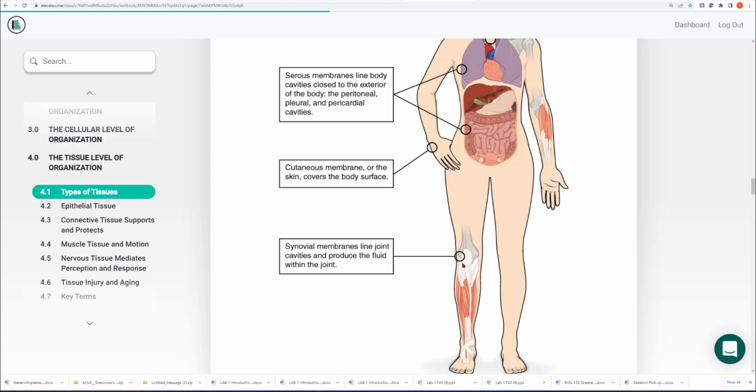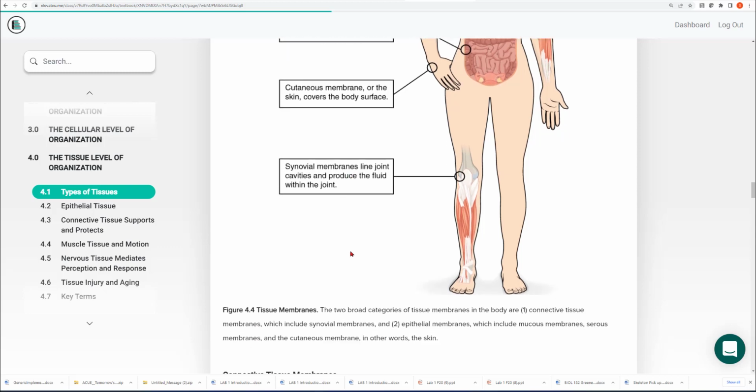Within that synovial membrane, there is fluid, and that fluid helps to lubricate and keep your joints healthy and moistened. Most of your joint spaces have synovial membranes associated with them.